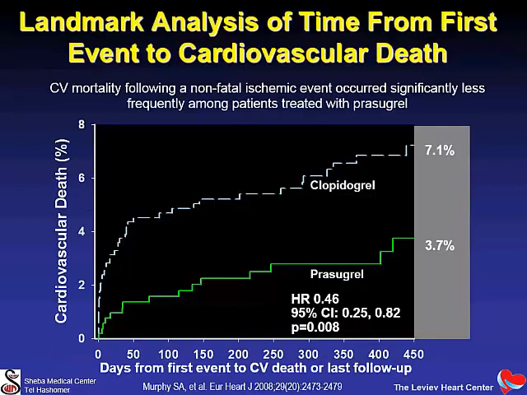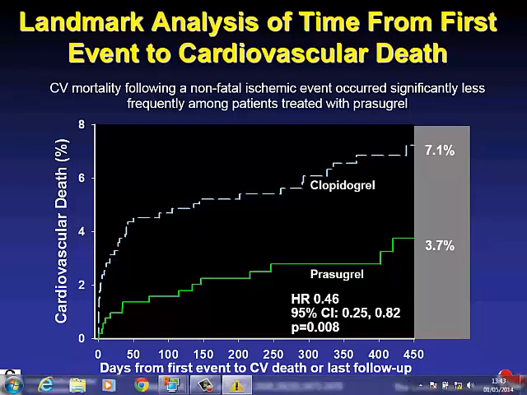But as you saw in the presentation by Dr. Angelillo, it's not nice to have failure, but if the patient arrives with an ischemic event while on clopidogrel or prasugrel, it's better to be on prasugrel, because when we follow those patients, the mortality among those who sustained the event while on prasugrel was more than 50% lower than in patients on clopidogrel.